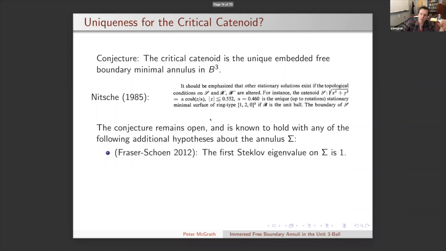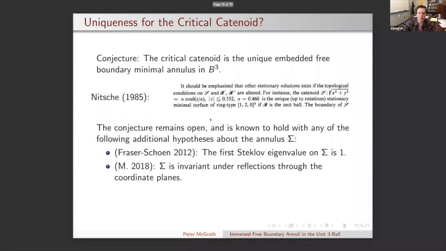For example, if one assumes that the first Steklov eigenvalue on the annulus is 1, then the conclusion, the rigidity, is known to hold. It's also known if one assumes some discrete reflection symmetry, so reflection symmetry through the 3 coordinate planes.